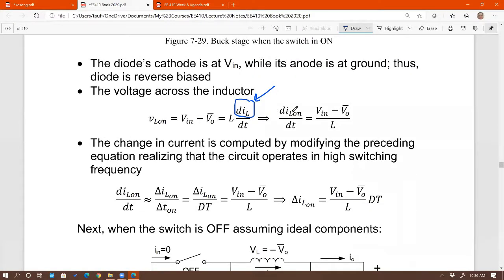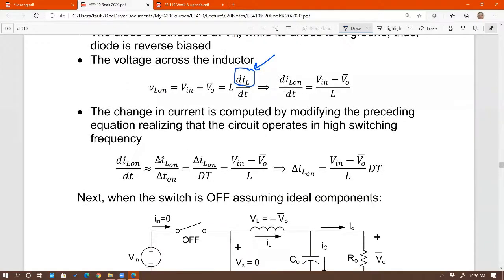If I solve for delta IL over delta T, you get V in minus V out over L, and for high switching frequency operation, that's approximately equal to delta IL on over delta T on. I'm looking for delta IL on.